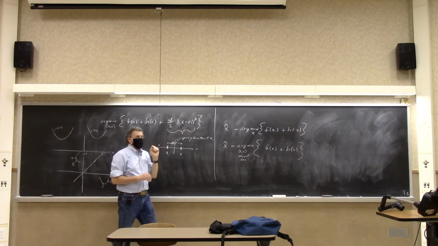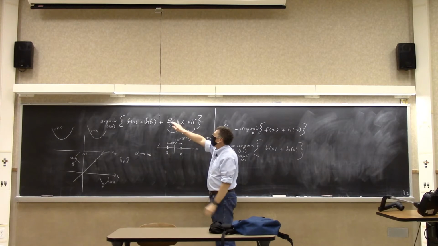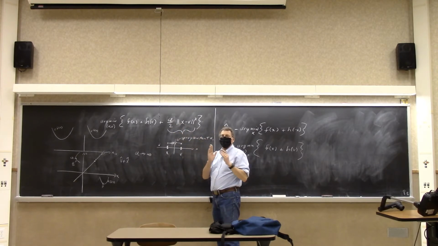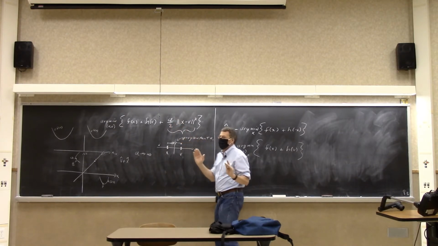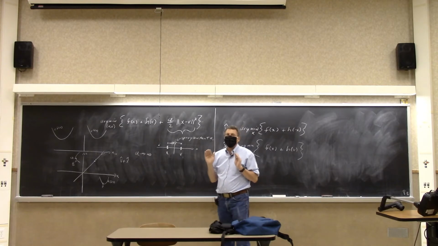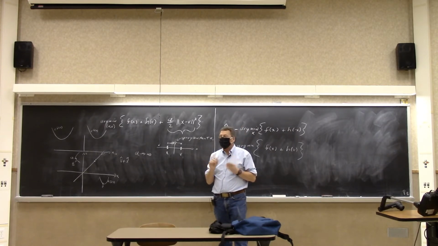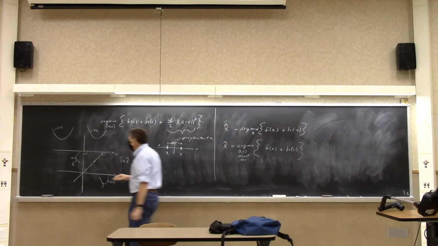And A is the spring constant, so as A goes to infinity, these get closer and closer together. But for any finite A, it will never give you the exact solution to your original problem. It'll just give you an approximation, okay? Does that make sense? Okay, good. So you got that set.